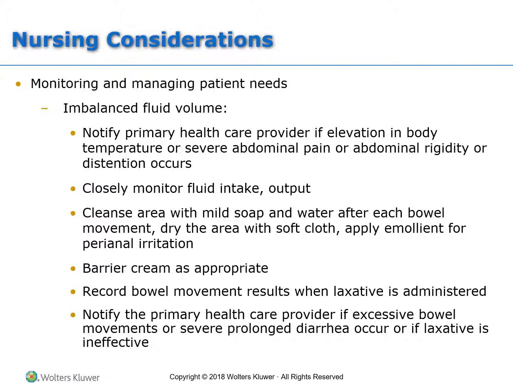We would be measuring liquid stool, including it in liquid output. Cleanse the area around the rectum after each bowel movement gently with mild soap and water. Apply emollient for any perianal irritation. Diarrhea, especially to any person of any age, especially if there's incontinence involved, can really tear the skin up very quickly. Use barrier creams as appropriate to prevent that breakdown.